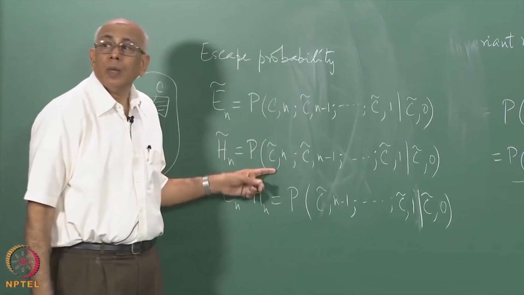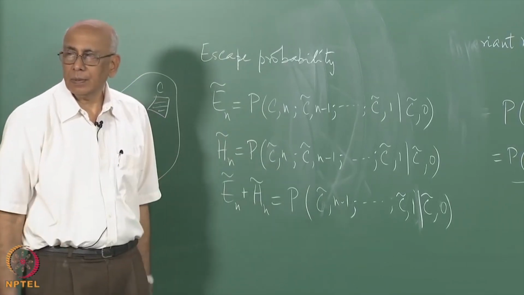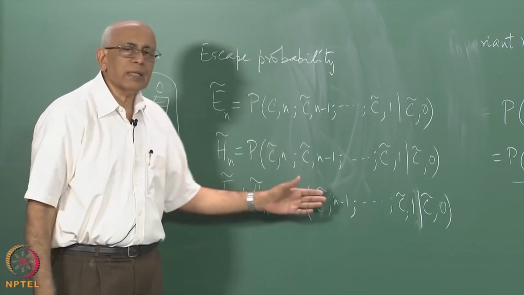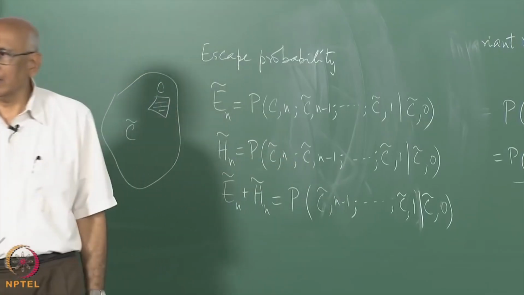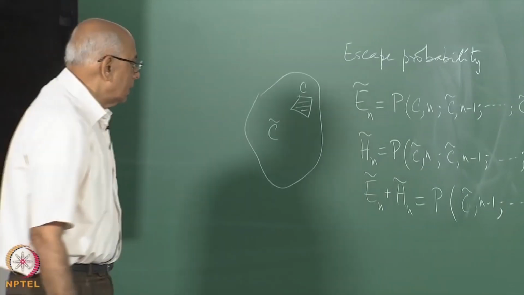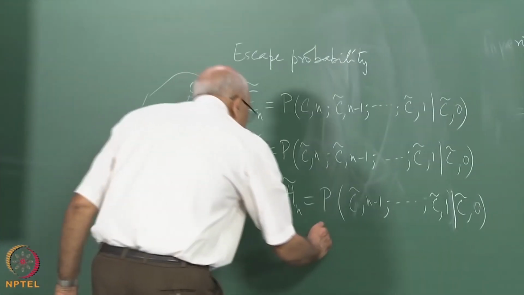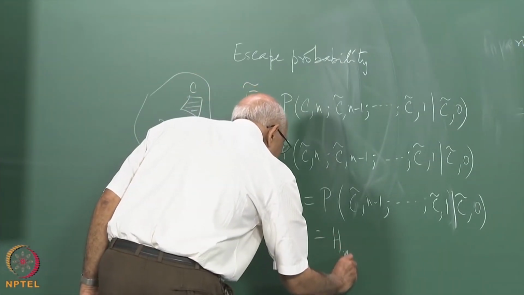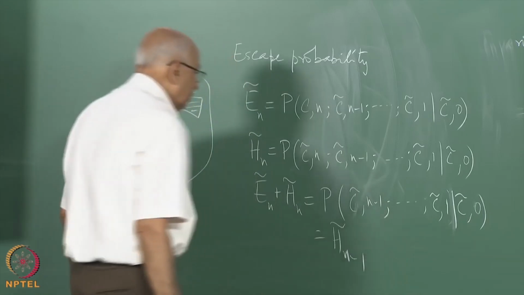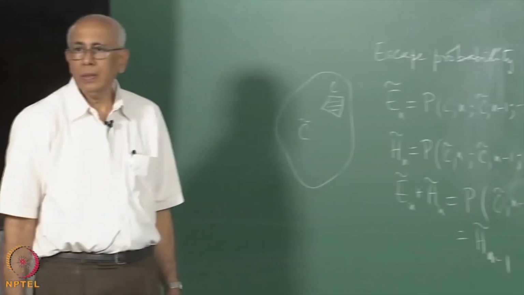Because it is a sum over possible final states next time, and that is the probability of whatever has happened till then, till that point here. Okay. But this quantity here is equal to H n minus 1 tilde. Okay.